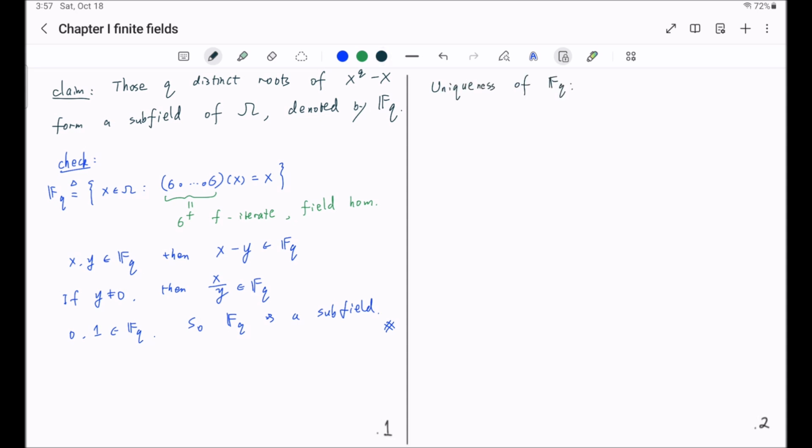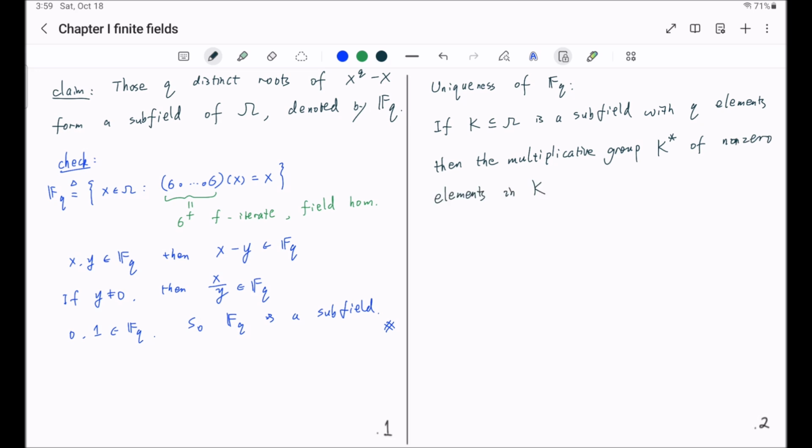Now we take an arbitrary subfield K of omega with q elements. Then we look at the multiplicative group K star of non-zero elements in K. This multiplicative group has q minus 1 elements. Therefore, by basic group theory, we know that the order of each element must divide q minus 1.